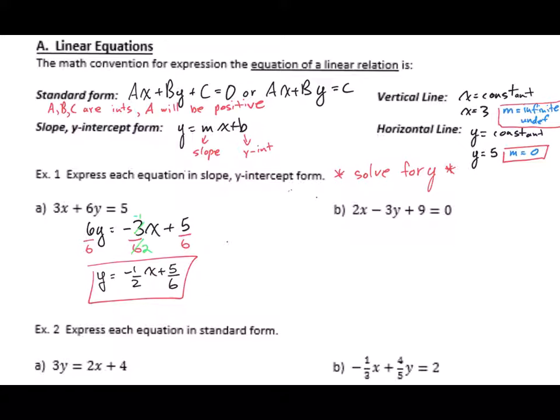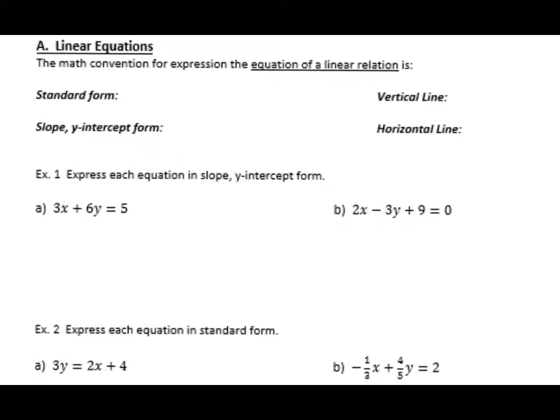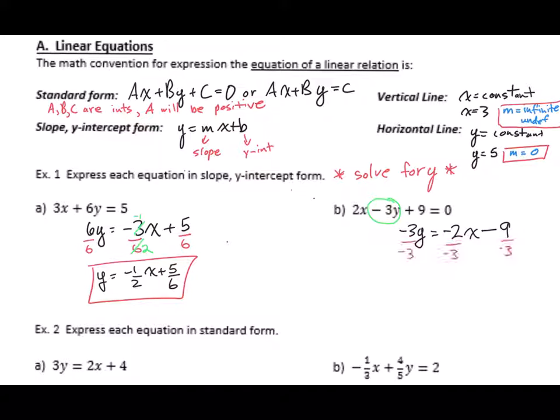For question B, we have 2x - 3y + 9 = 0. Let's isolate the -3y that we have here. In doing so, we have -3y = -2x - 9. Now we're going to divide everything by -3. In doing so, we have some cancellation. y is still left alone, but -2 over -3 becomes 2 over 3, as the negative signs cancel to become positive.